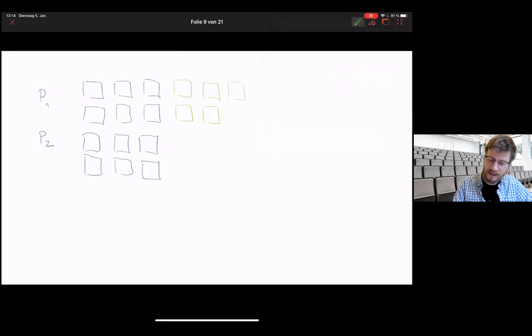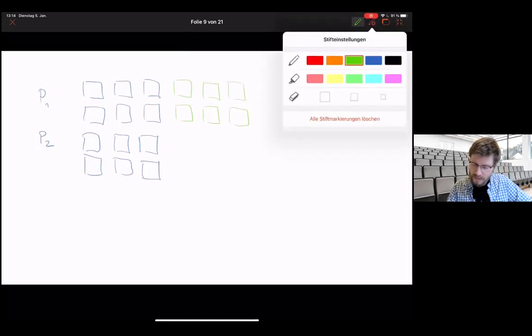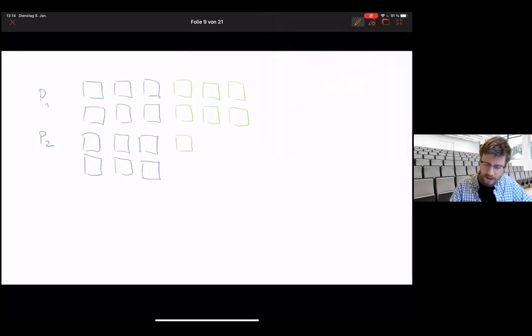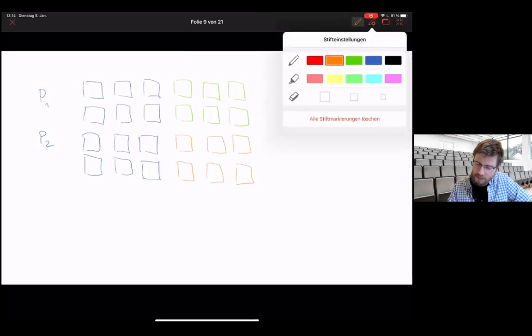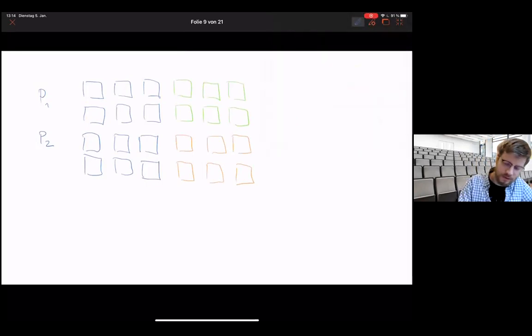They're still functionally equivalent, but they do something else here. A simple way of constructing an example like that would be just to choose these to be all the identity matrix, right?